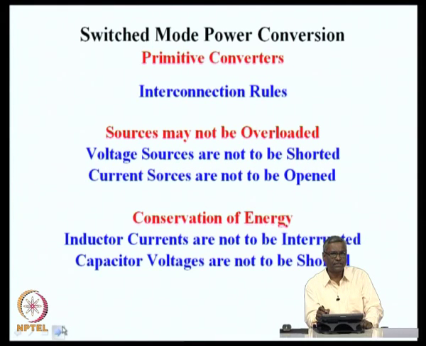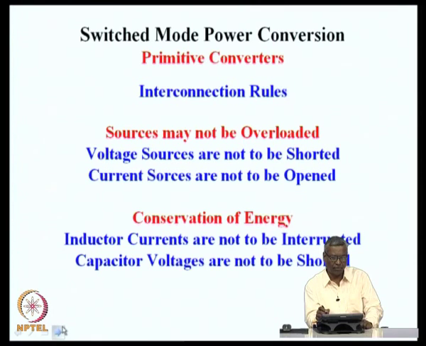In turn, this will translate into voltage sources not being short circuited, in which case infinite current will be drawn out of it, which can damage the voltage source. In the same way, a current source is not to be open circuited, in which case the voltage across the current source will go to infinity and this will result in overloading of the current source.